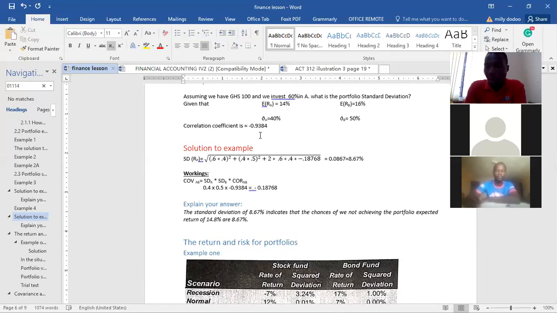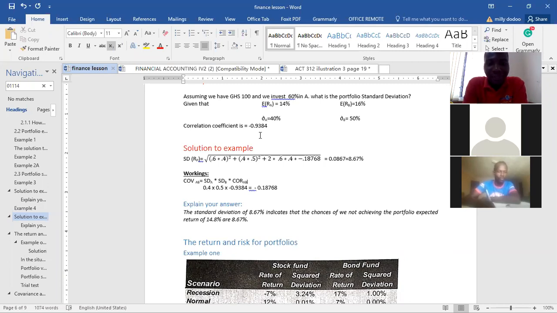Now, my question is, I have 2 investments. I have investment A, you can write it down, and then I have investment B. The portfolio expected return on investments A and B is 10%.